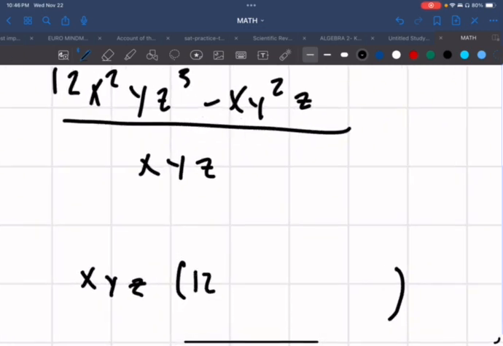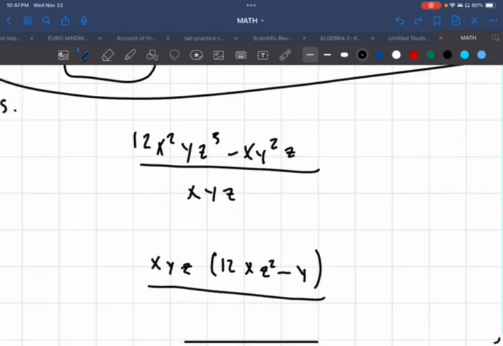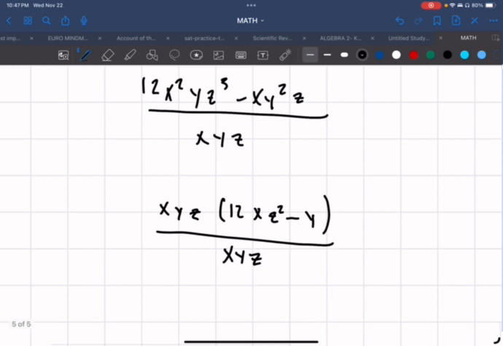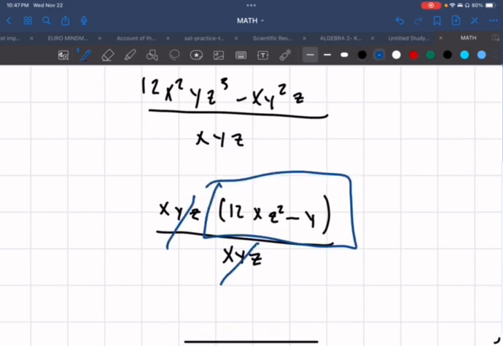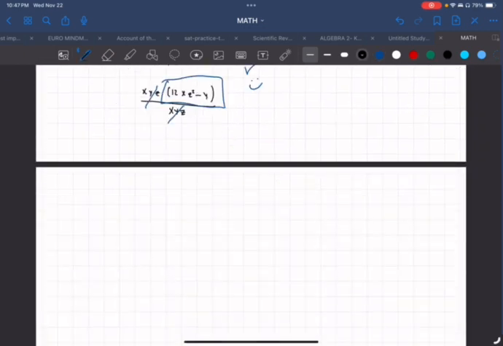So we have 12 times x plus c squared minus y over x. These two would cancel out. And this would be your final answer. And of course it's correct. Moving on.